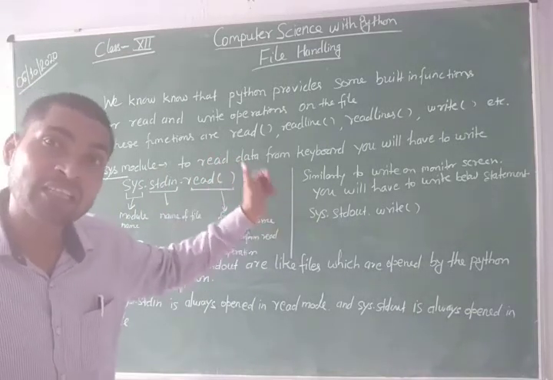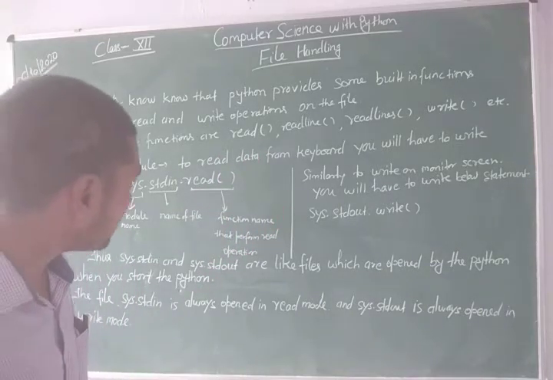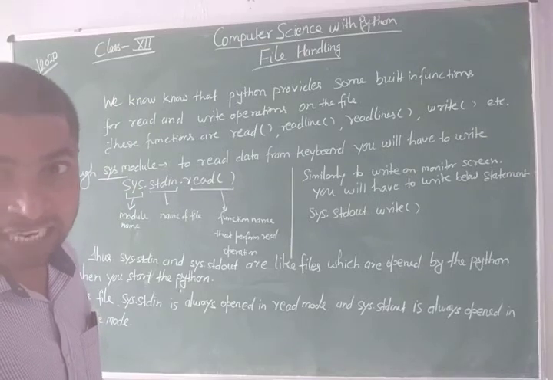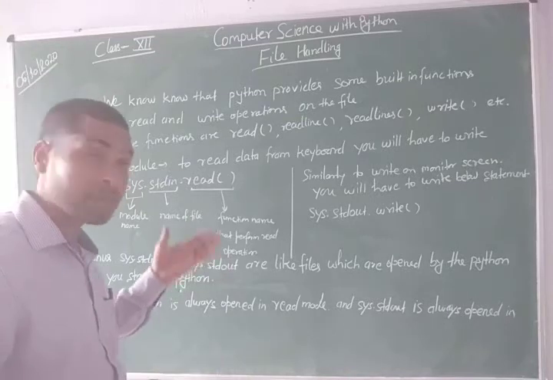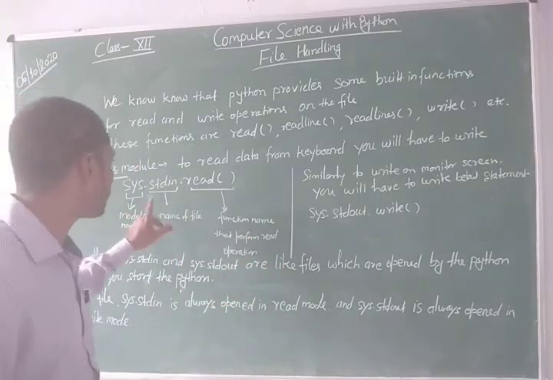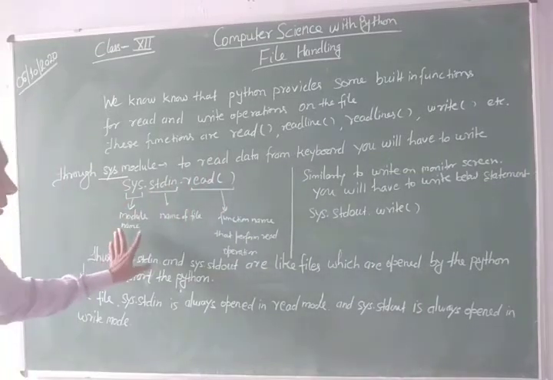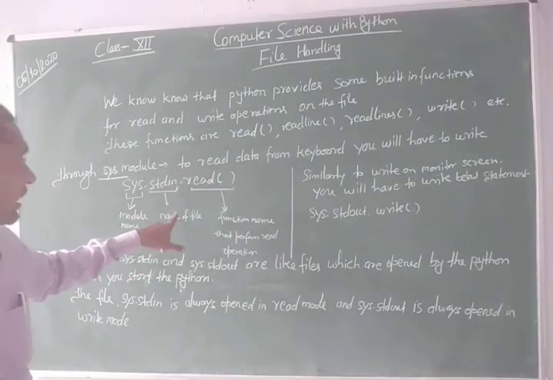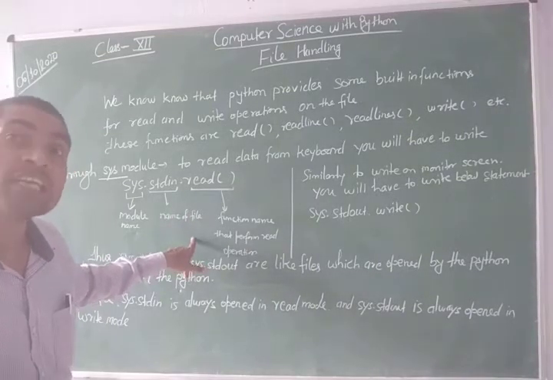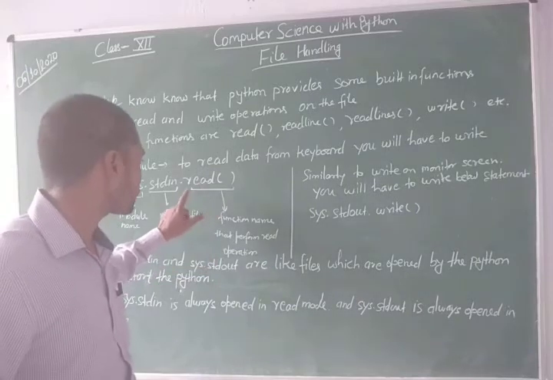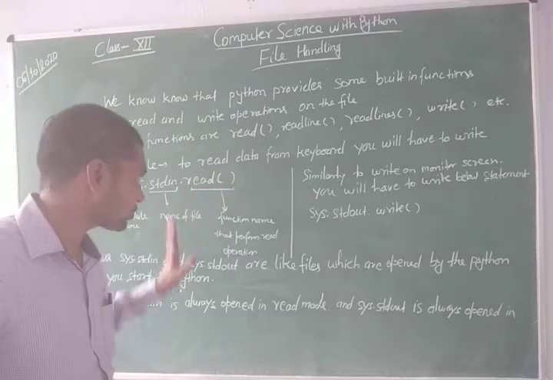If you want to read the content of the entire file, you will write sys.stdin.read. Here sys is the module, stdin is the name of the file that is directly linked with the keyboard, and read is a method, a function.